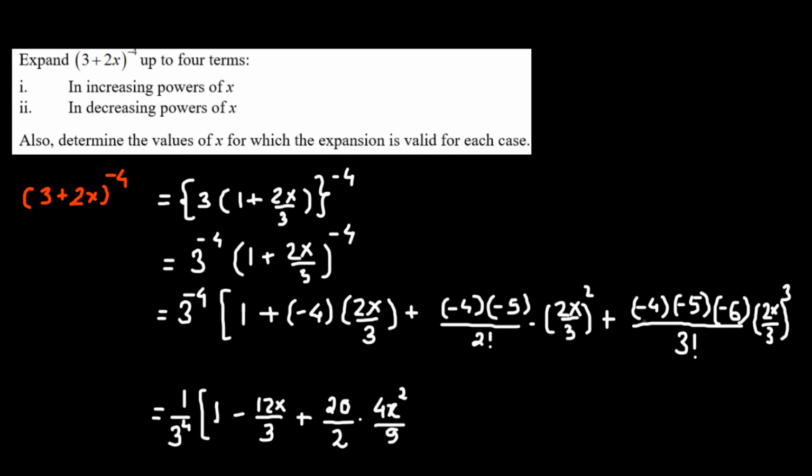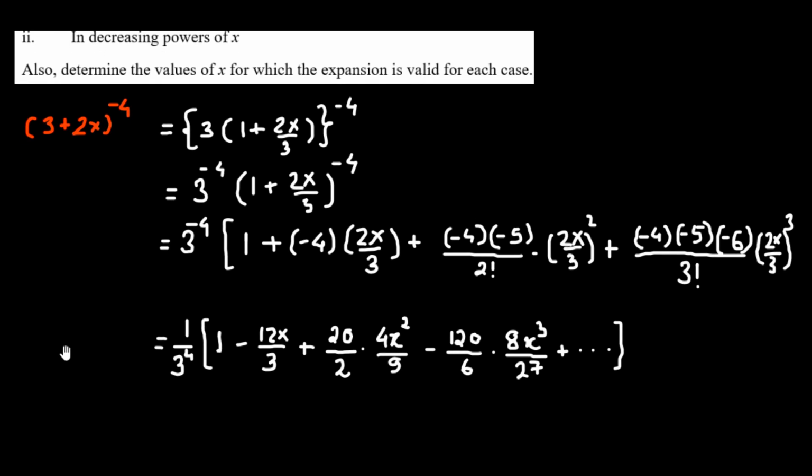Then we have -4 times -5, which will give us +20, and 20 times -6 is going to give us -120, divided by 3 factorial, which is 3 times 2, simply 6, times 2x cubed will be 8x cubed, divided by 3 cubed, which is 27, plus the remaining terms.